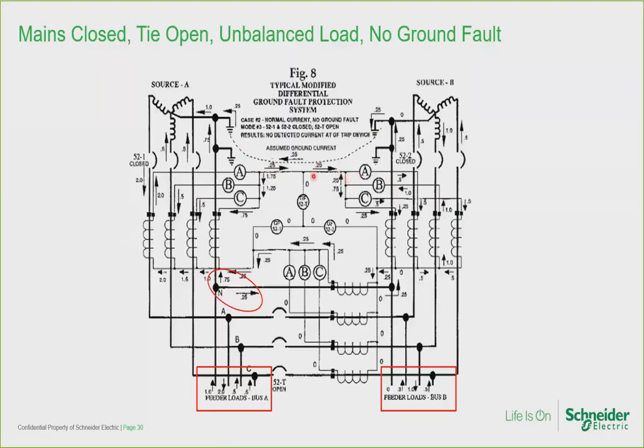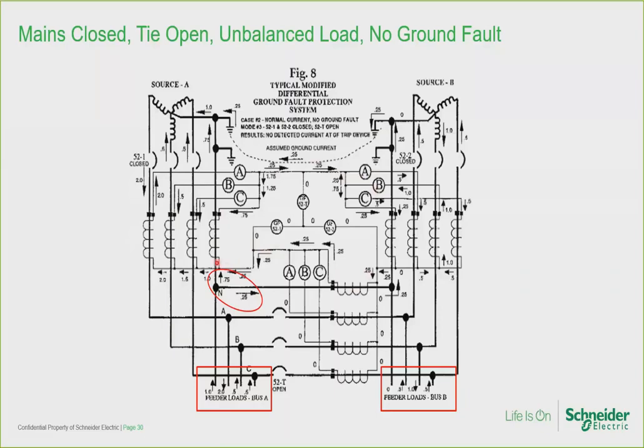Thus, the residual secondary current out of the main breaker A CTs simply flows into the main breaker B CT secondary circuits. And a similar analysis on the tiebreaker CTs would show that 0.25 per unit residual current flows out of the summing node and in towards the main breaker A CTs.